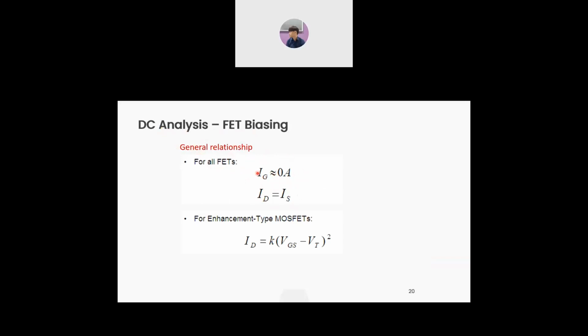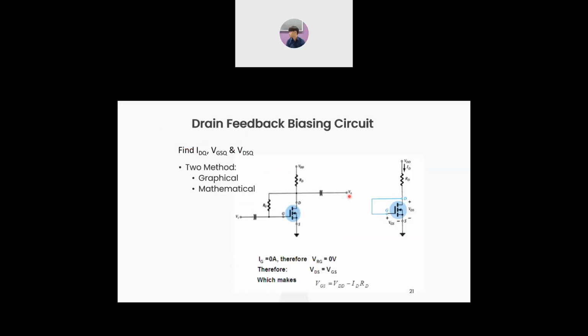Just like in the BJT, we have collector approximately equal to emitter current, because IB is too small. And for the enhancement type MOSFET, this is the formula. It has a quadratic shape, because there is a power of 2.